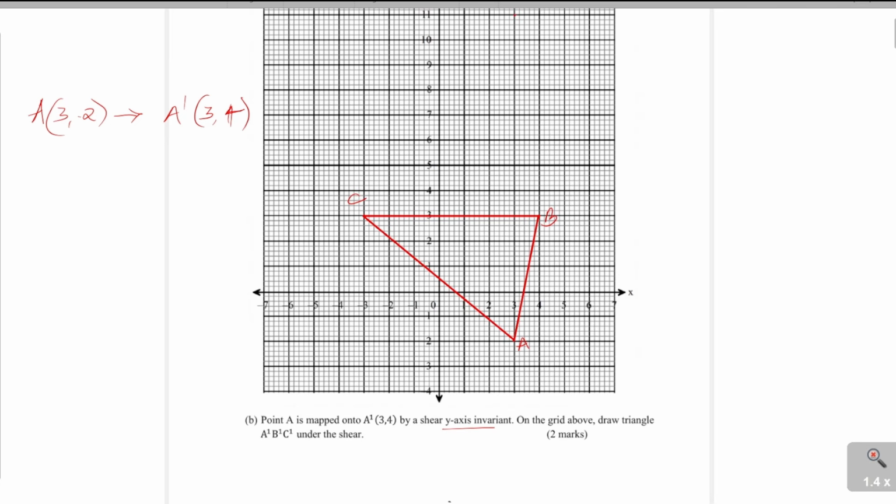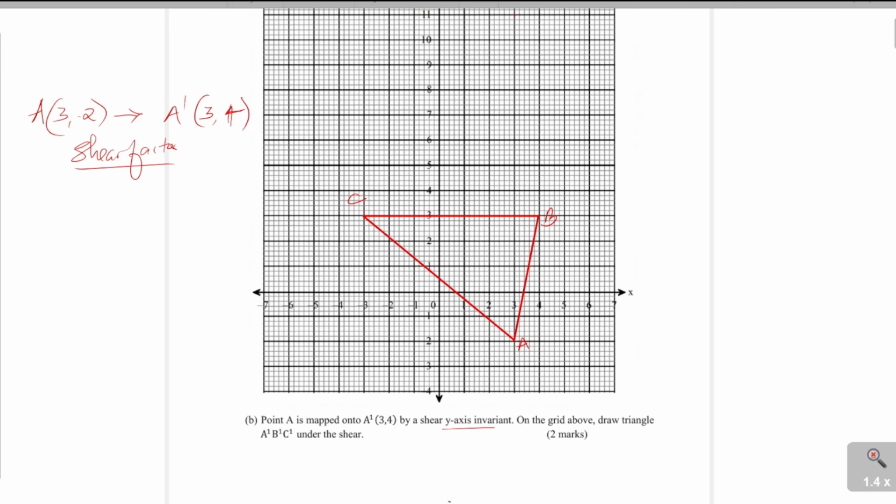Now we need to complete that triangle by giving B prime and C prime. For us to get the images of B prime and C prime, we need to know how to get those points. The first thing we need to get is the shear factor. For a shear, you fully describe it by giving the shear factor and the invariant line. Once we get the shear factor, it will help us to get the other points. And there's a formula that you're going to use.